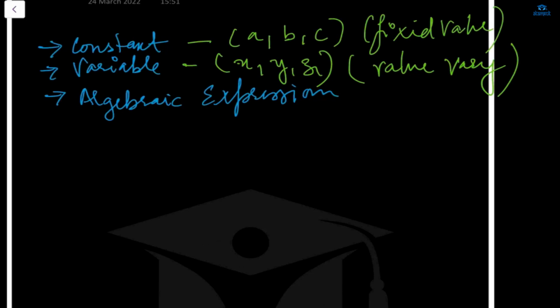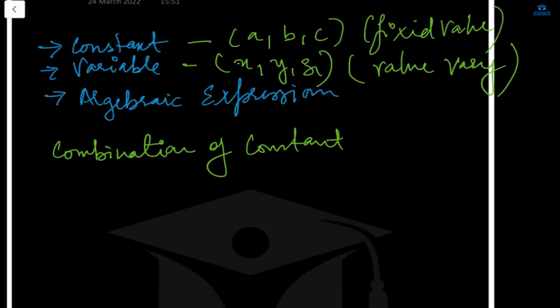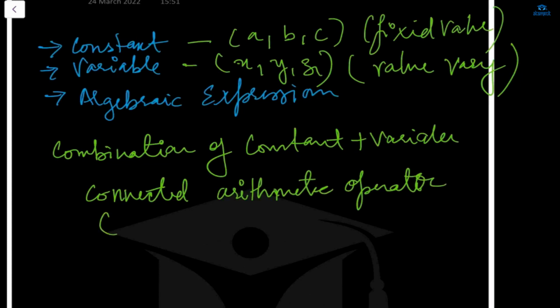Now comes the algebraic expression. What is an algebraic expression? An algebraic expression is a combination of constants and variables connected with arithmetic operators. What are the arithmetic operators?